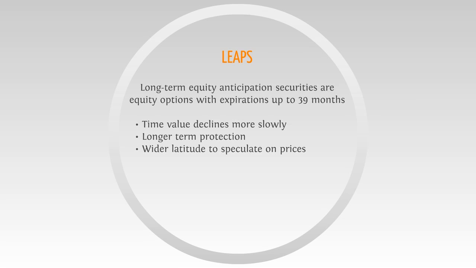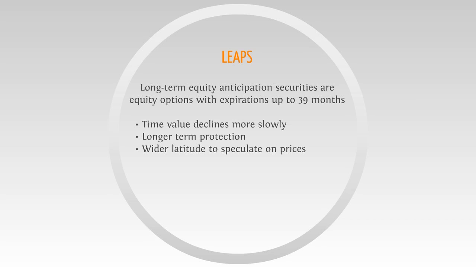LEAPs are a long-term version of an option. Options are typically a short time period, but LEAPs can reach up to 39 months. Because of that, their time value is going to decline more slowly, especially at the beginning. So this gives you an opportunity as an investor, or for hedging, to do so over a longer time period.